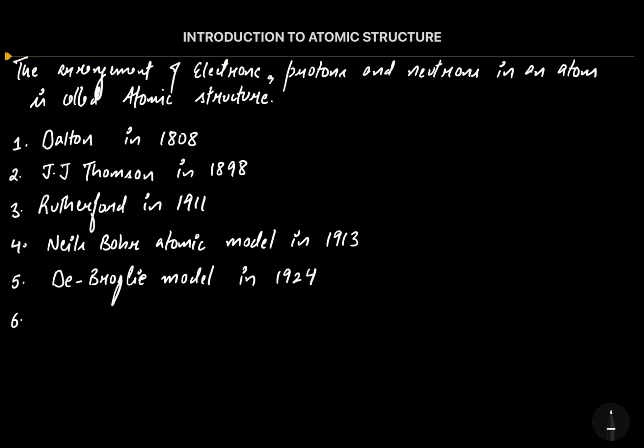It was the concept of orbitals that was given by Robert Mulliken in 1932. So these were the different models given in the different years because of drawbacks in the previous model.